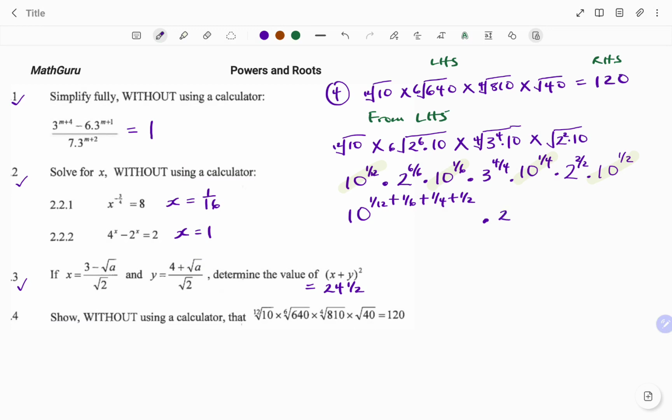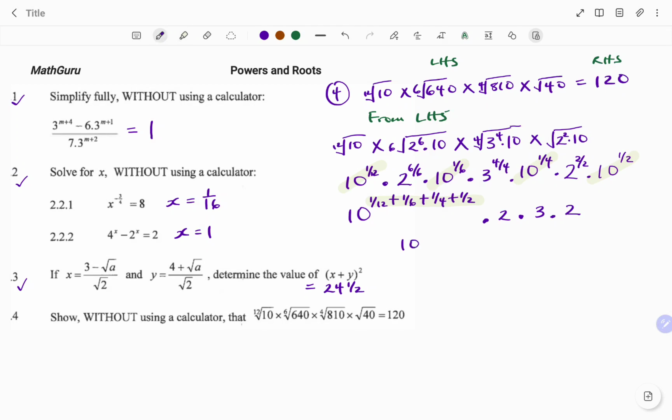times 2 times 3. I'm going to use the same dot to denote multiplication, times 3 times 2. The value, if I add up all the fractions, will give me 1.